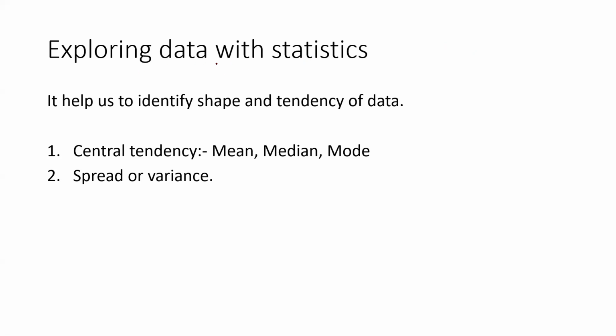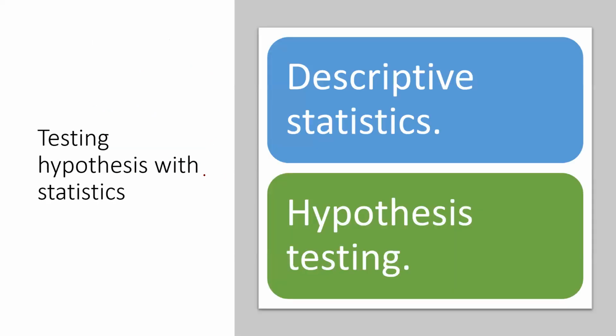Exploring data using statistics will help us to identify the shape and tendency of our data. So we use central tendency like mean, median, and mode to check my data, and we even use variance and standard deviation to check how much variability, how much spread there is in my data.